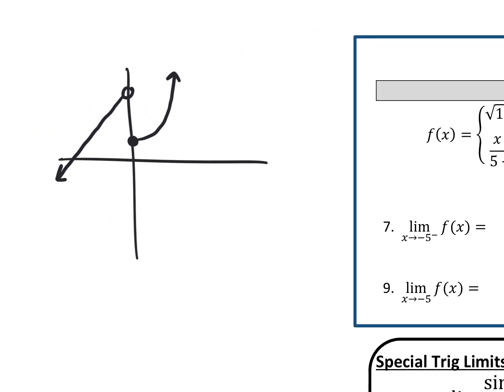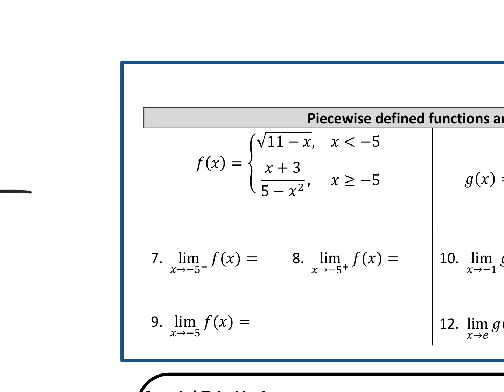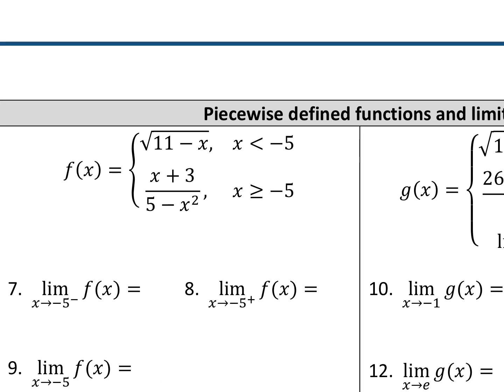Now, what you guys need to understand is exactly what we were doing yesterday. When you're looking at this particular spot where things are a little different on the left and on the right, that matters when we're dealing with piecewise functions as well. So when you look at this particular piecewise function, the part where things are changing is where x is negative 5.